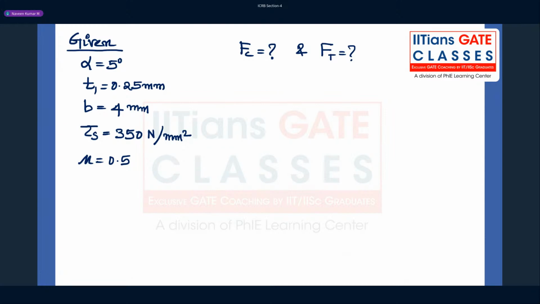Let's first draw the diagram and see what the cutting force and thrust force are, how these forces come about, and what the other forces are which can be calculated and measured. All these things are very important. This comes from the merchant circle diagram in metal cutting. So let's draw that. The merchant circle diagram looks something like this.